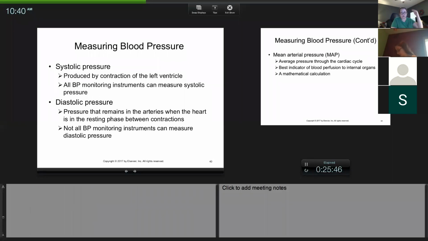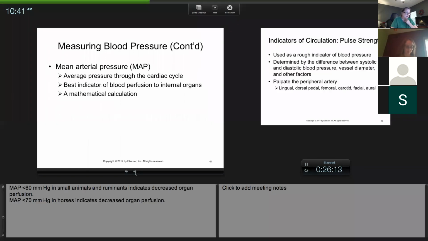And again, that's why your top number of blood pressure should always be higher than your lower number, because if your heart is not contracting, why would you have pressure in your arteries? Again, it's very rare that those numbers are close together, except if you overdose fluids. If we have fluid overload, that would potentially increase diastolic pressure. And then the mean is the average through the cycle.